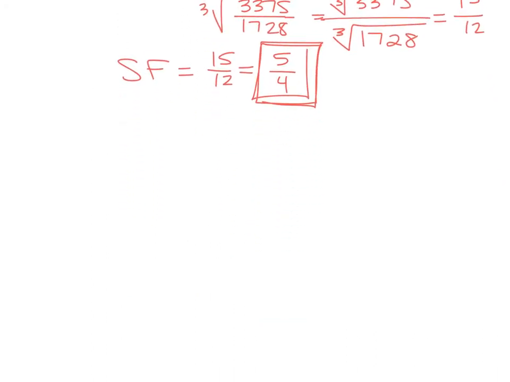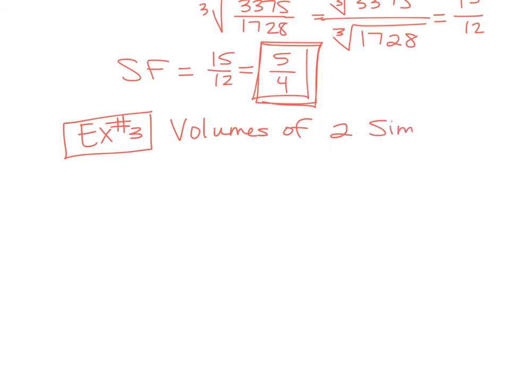Then, how about this one? If I tell you that the volumes of two similar solids are 40 cubic inches and 135 cubic inches.